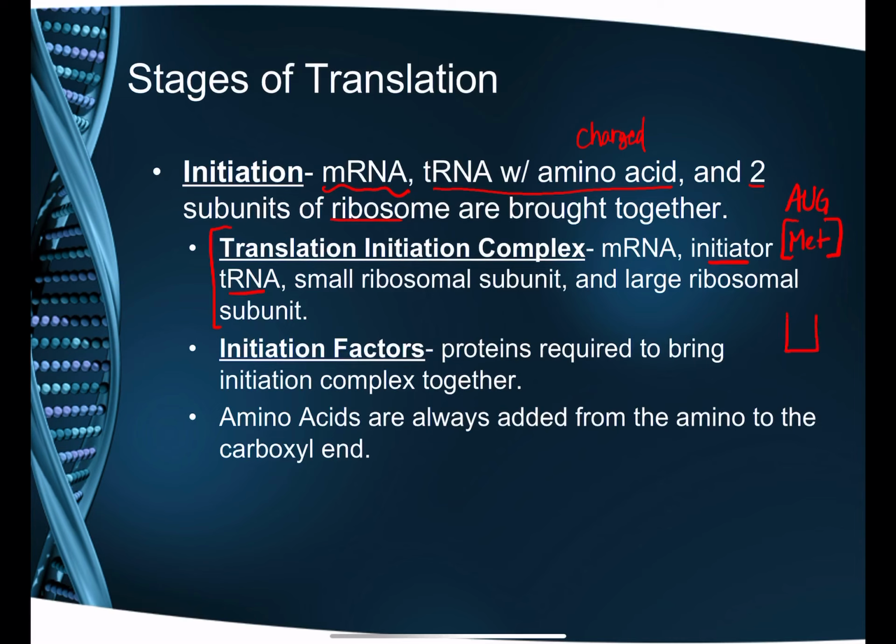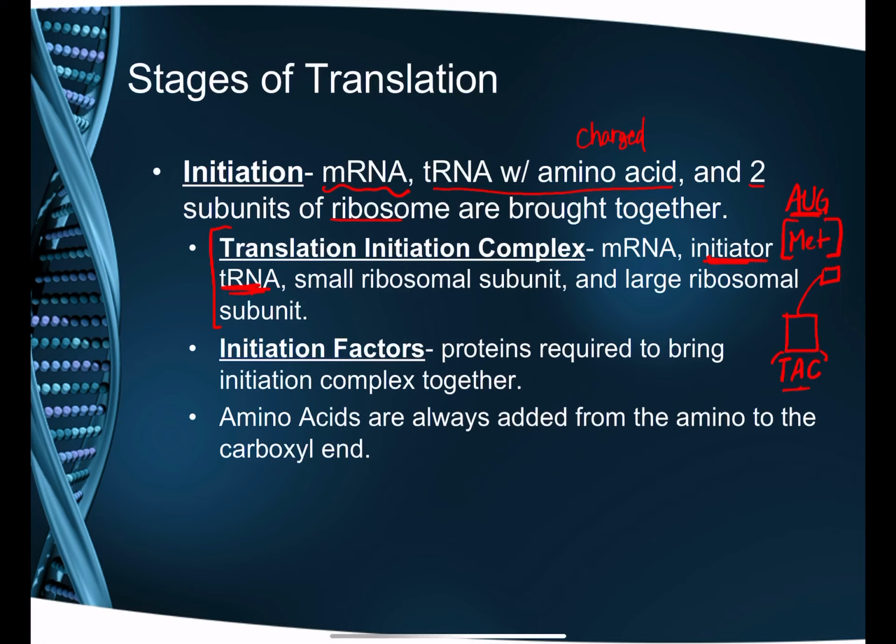So that means our tRNA for methionine is going to be CAT, or TAC rather. I wrote that kind of backwards. And so that's our anticodon on the tRNA. That's what the initiator tRNA is. It's the one carrying the methionine that's complementary to that start codon.